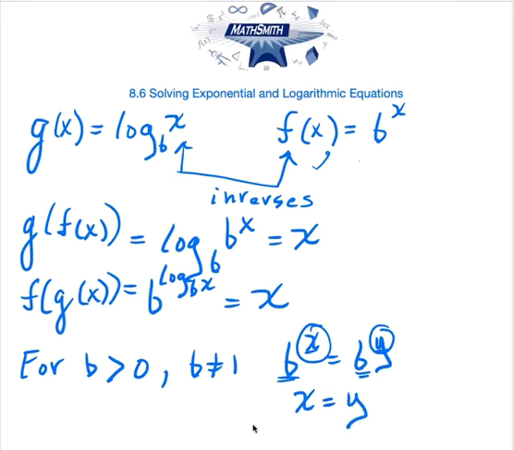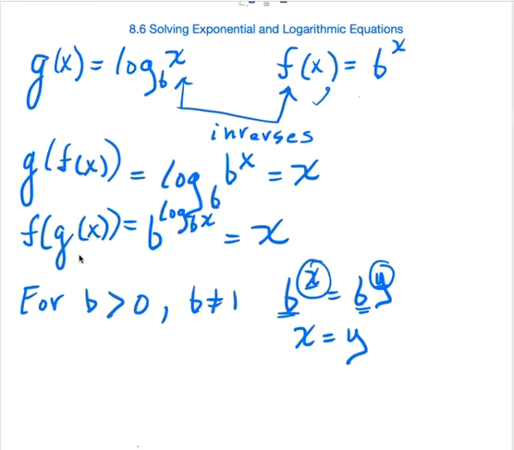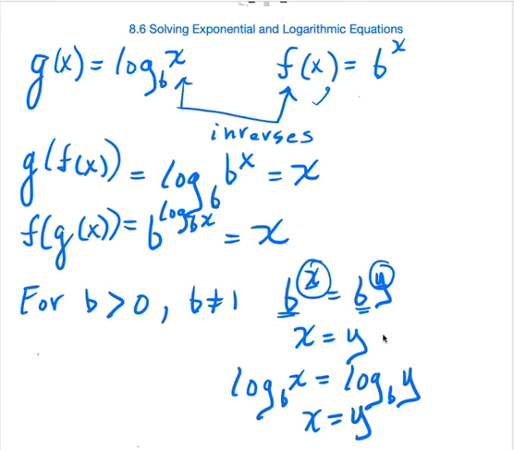Now, the other part that is missing, and I want to add this, will come into play a little bit later in this section. It's also a one-to-one property, but with logarithms. If you've got a logarithm base b of x, and it happens to be equal to a logarithm base b of y, guess what? x equals y. You can just set them equal to each other.